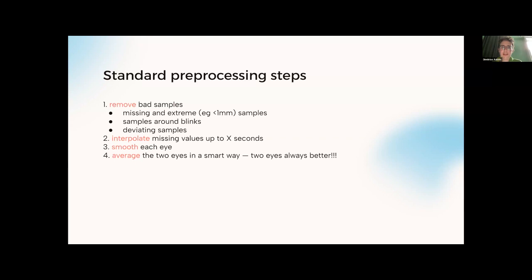Then interpolating missing values, usually up to some length of consecutive gaps, smoothing using some low-pass filter, and taking the data from each eye and averaging the time series of each eye into a mean average pupil time series in a smart way. And a good rule of thumb is that recording pupil data from both eyes is always much better. We can get much better data quality than from one eye.